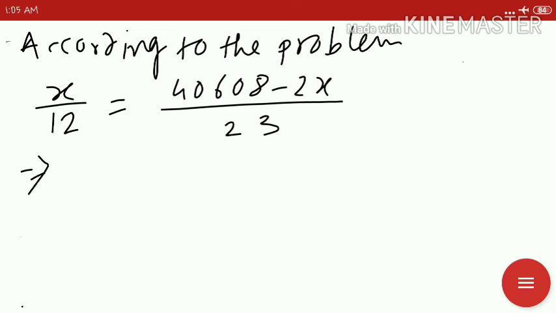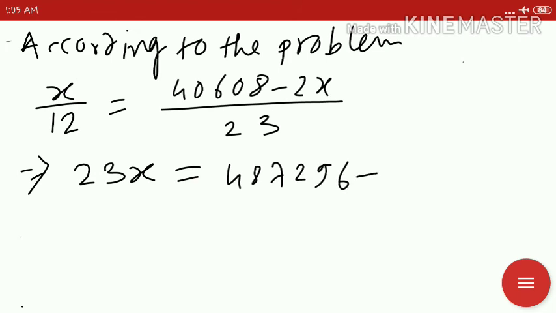Now if we cross multiply, 23 into x is 23x. Now 12 should be multiplied to the whole numerator 40608 minus 2x. If you multiply, you will get 487,296 minus 24x. All the x's should be on one side, so take 24x to the left side.